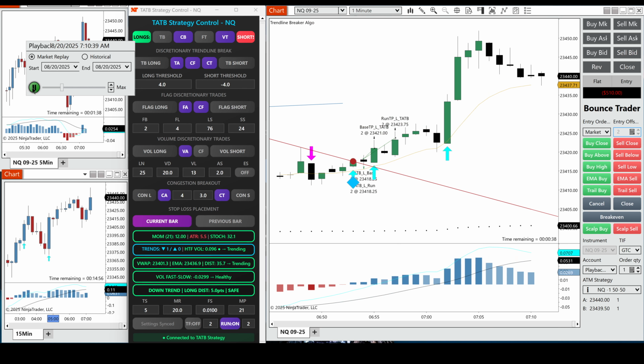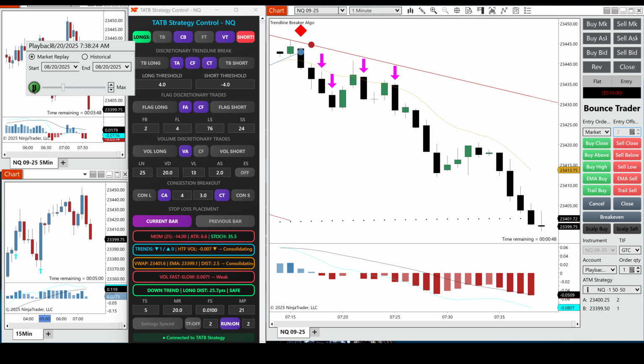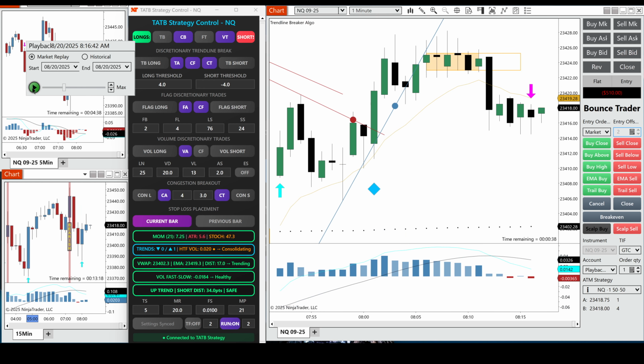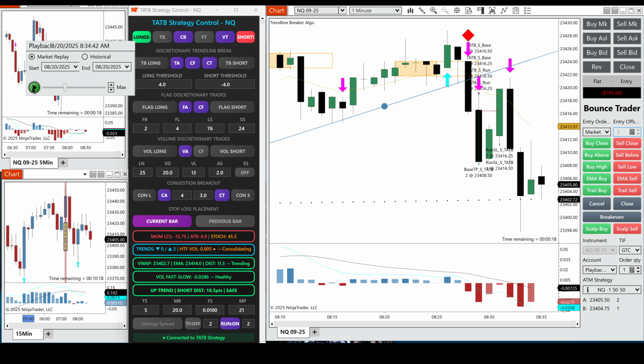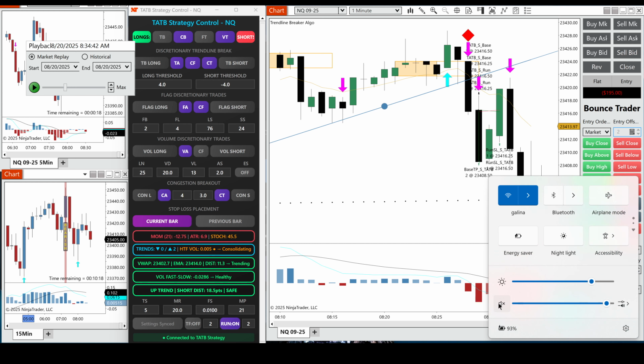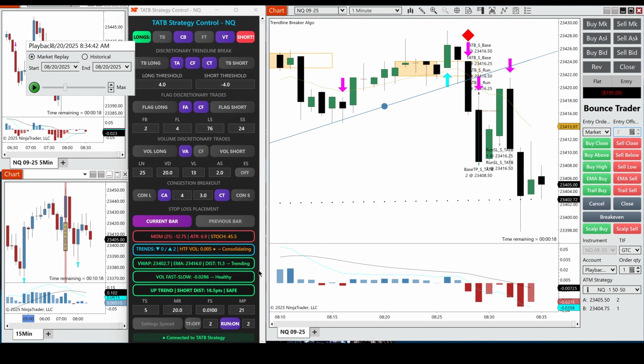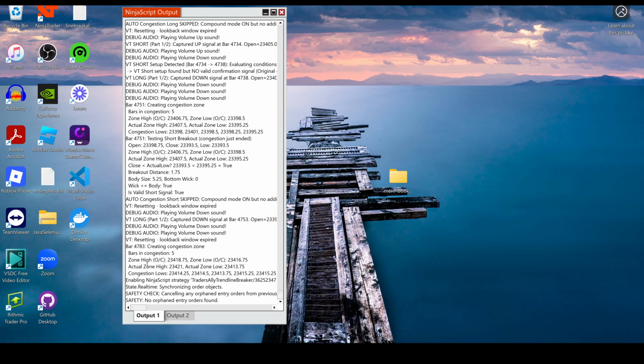Volume up setup. Volume down setup. Bearish volume up. Trend line volume down setup. And this shade, let's see if it's printed on.